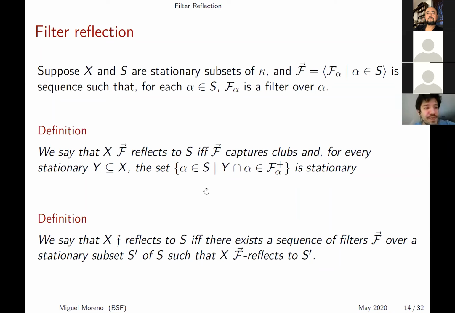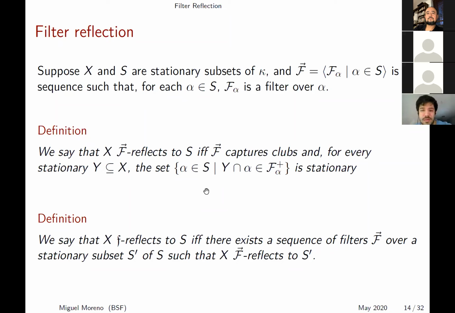So this would be all the alphas in S, the stationary set, that somehow are positive for each one of the notions of stationarity you have at each level alpha. So you think you're putting together a lot of measures.